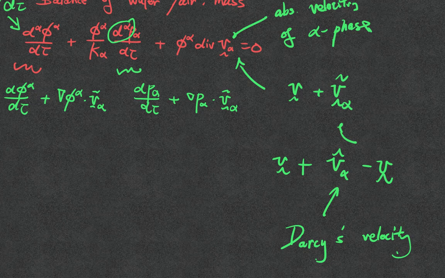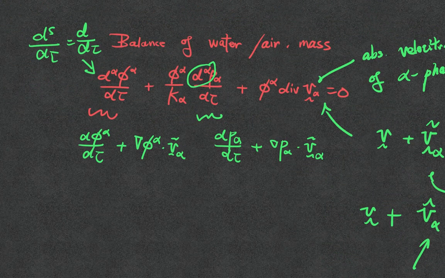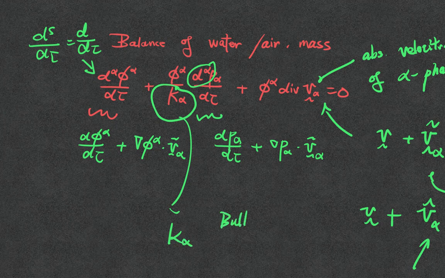Now we need to deal with the rest of the term, K alpha, and we dealt with that before. K alpha is actually the bulk modulus of the fluid phase, either water or air.